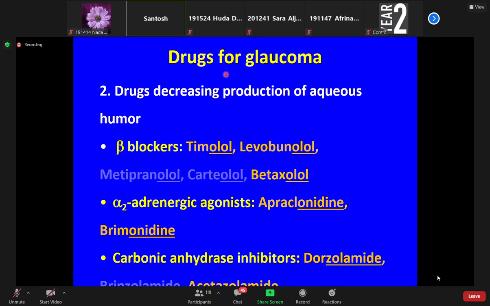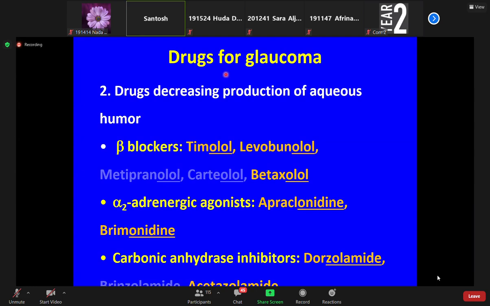The pupil is fixed. Now the pilocarpine is supposed to cause miosis, but if it is so much fixed against the lens, then the pilocarpine will not work. Okay, I get it now. See, it has two effects. In the acute situation, it works by causing miosis and opening the angle.